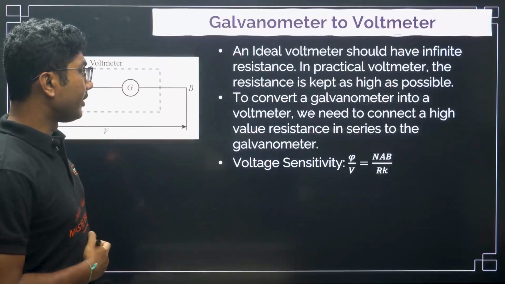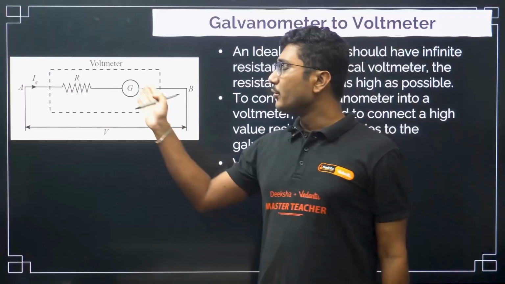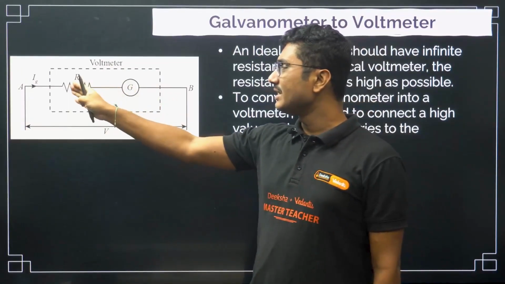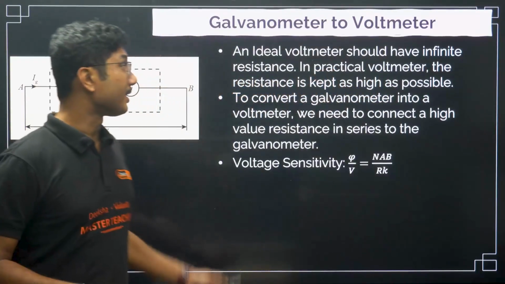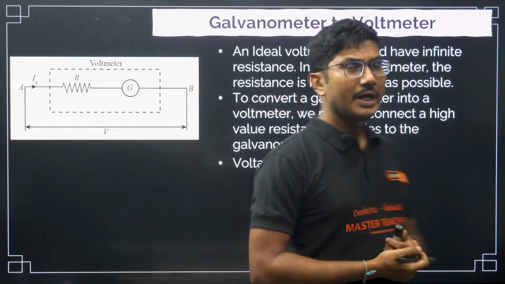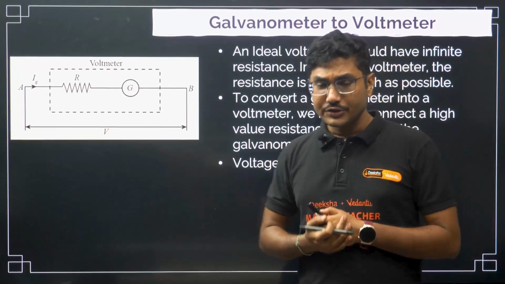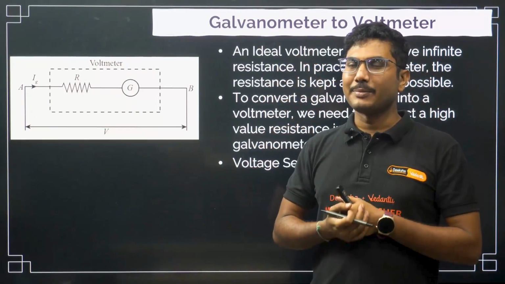Now in the case of a voltmeter, what we do is apply a very high value resistance in series with the galvanometer. An ideal voltmeter should have infinite resistance. If you are not sure why it is so, you can ask your lab teachers.